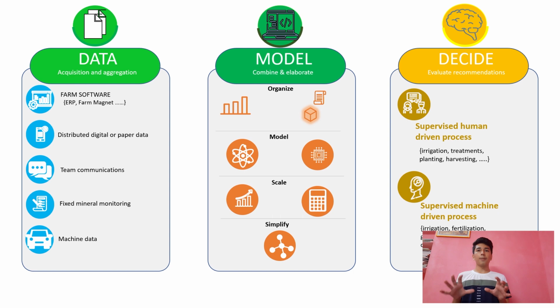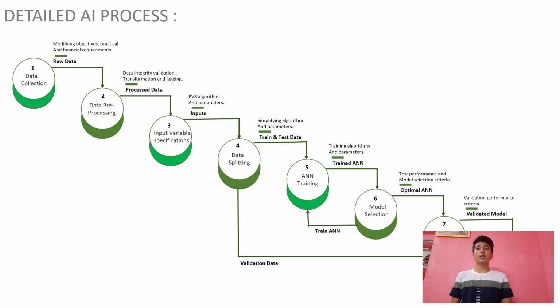So, the model combines and elaborates. The model will organize the data, it will think on the data, it will simplify the data, and in the last, it will decide or recommend to you what to do for a specific problem. Now, this is the detailed AI process on what basis the artificial intelligence will work.